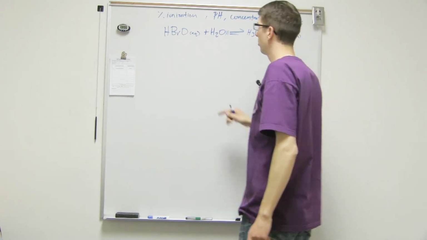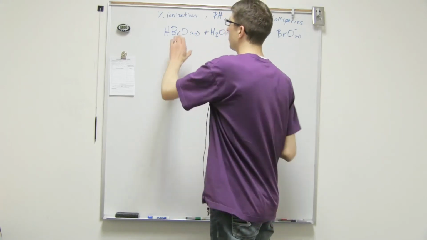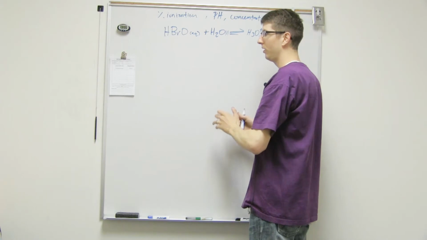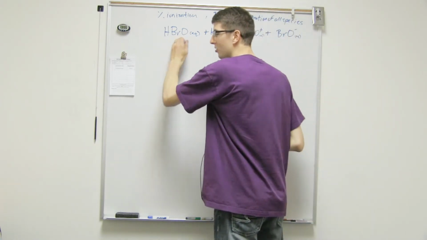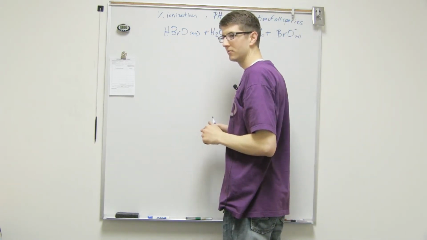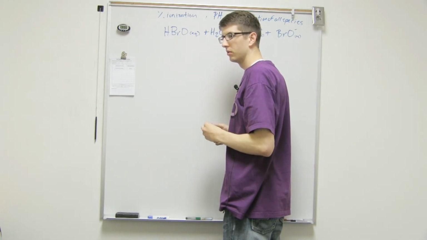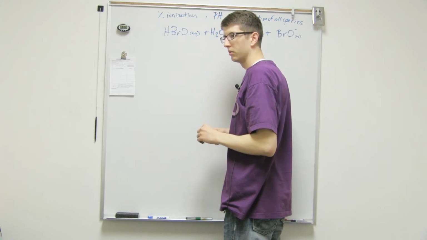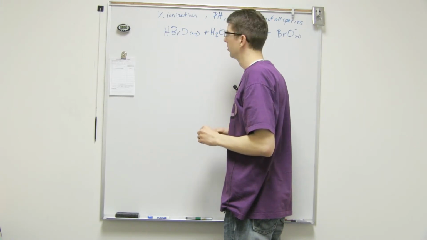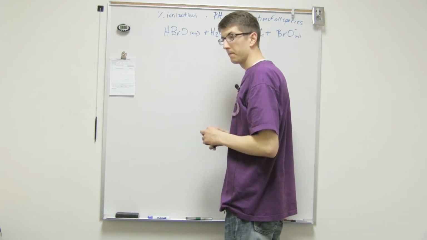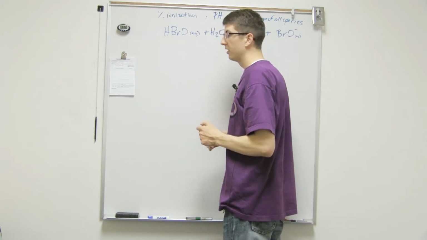Okay, so we know that this is in water. Now, here's a thought. How come it dissociates? Because it's a weak acid. And weak acids dissociate because I want to say that the bond between the hydrogen and the bromine is weak, so it's going to lose its proton easier. Yes.